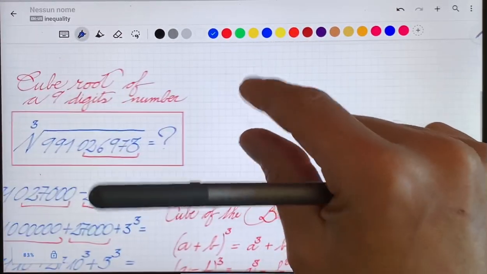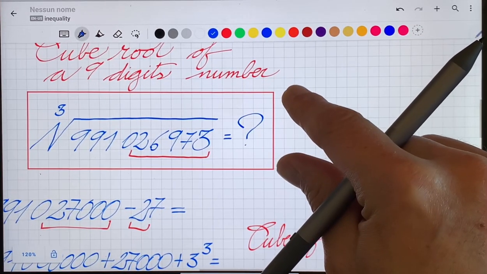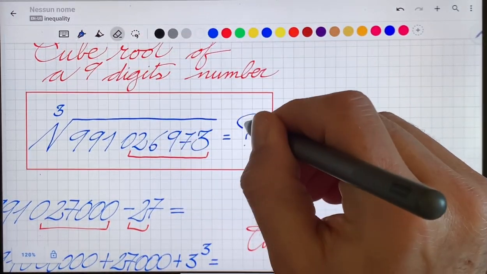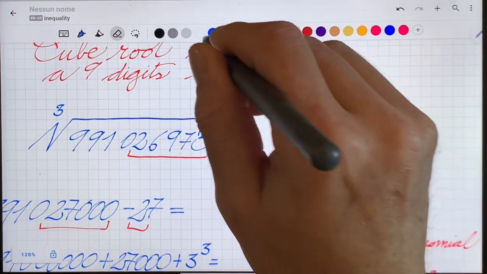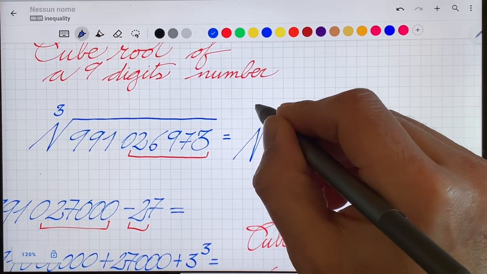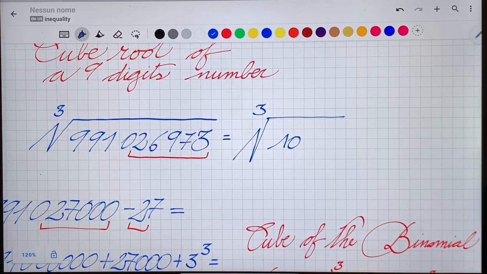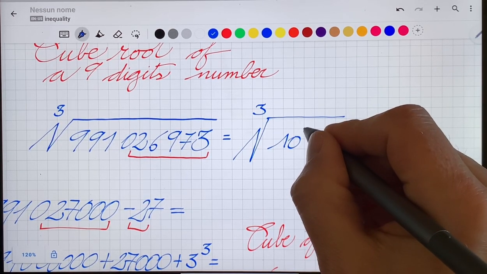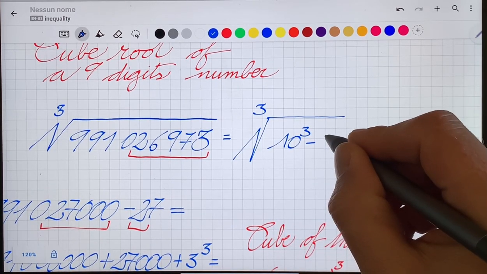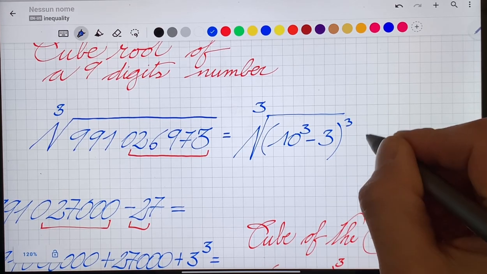So this number here is equal to the cube root of 10 to the power of 3 minus 3, all to the power of 3.